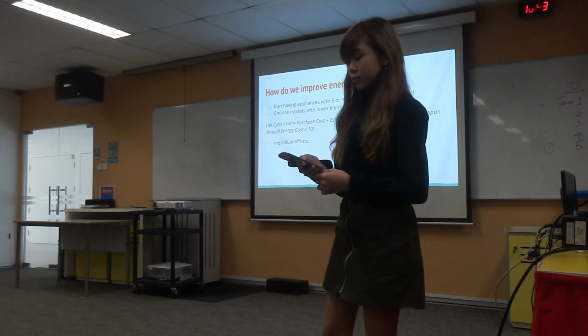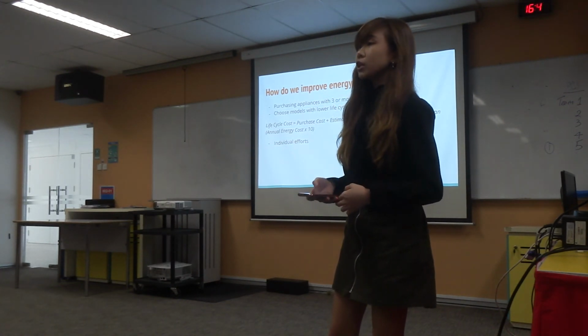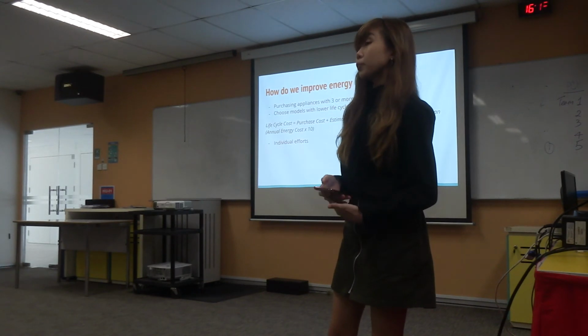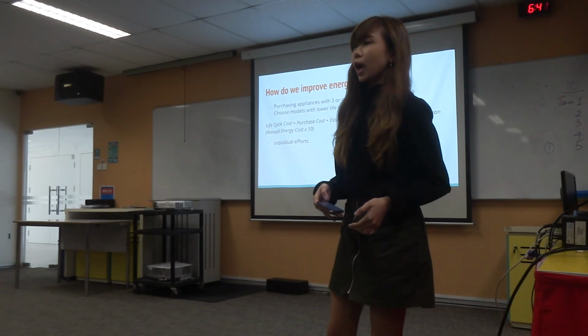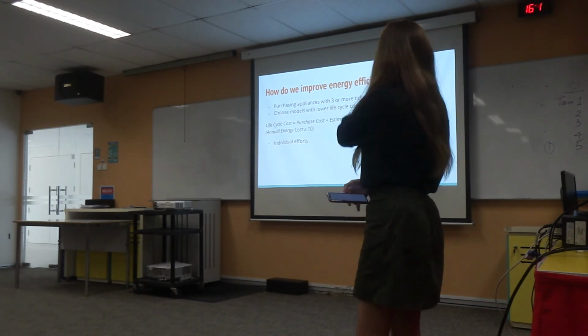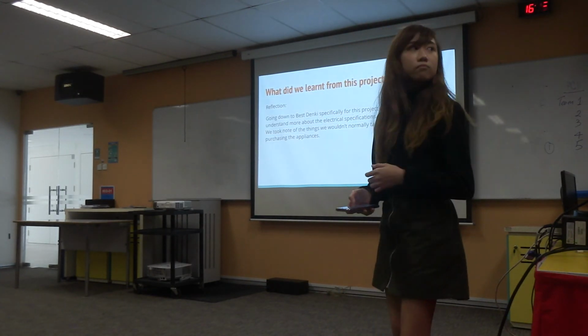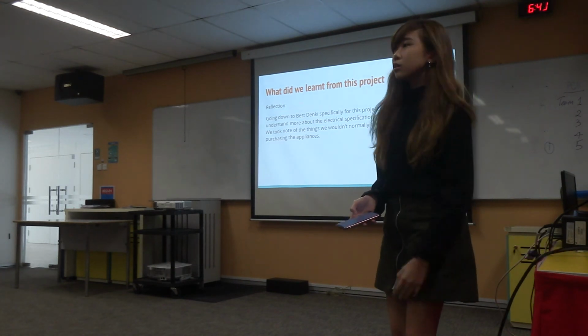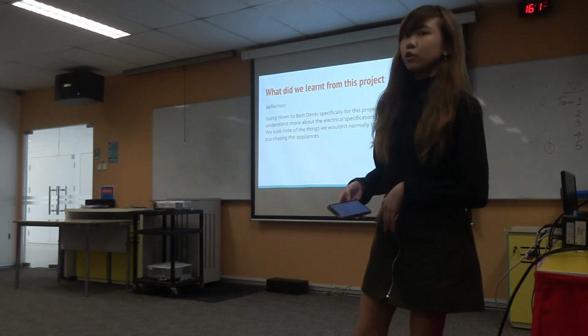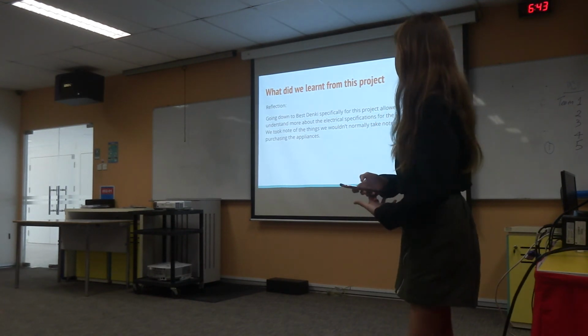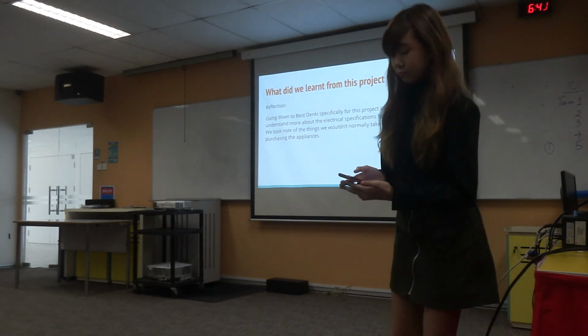Last but not least, improving energy efficiency requires everyone to play an effort, so we can start by practicing energy efficient habits at home. Lastly, this is what we learned from this project and also our group reflection. Thank you.